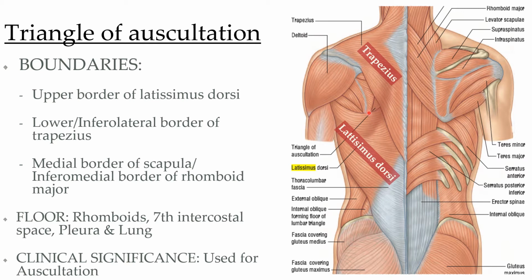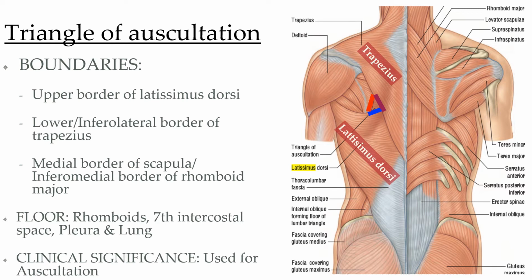Inferiorly, it is bounded by the superior border of latissimus dorsi, and laterally it is bounded by the medial border of scapula. So this represents the superior border of latissimus dorsi, this represents the medial border of scapula, and this represents the inferior border of trapezius muscle.